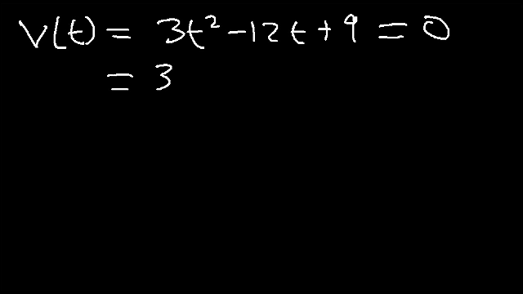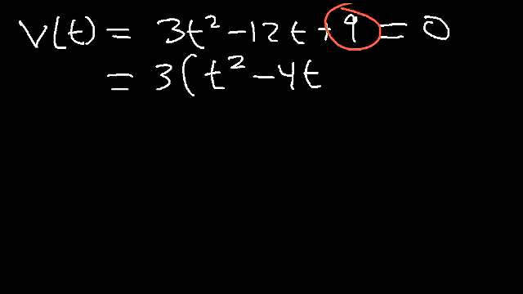So we need to factor out the GCF, which is 3. 3t squared divided by 3 is t squared. Negative 12t divided by 3 is negative 4t. And 9 divided by 3 is 3. So now we need to factor this trinomial. Notice that the leading coefficient is 1.